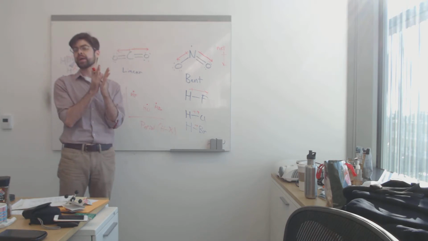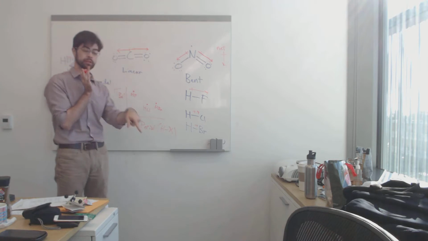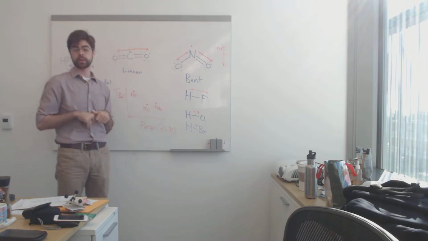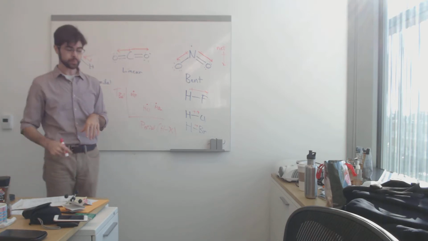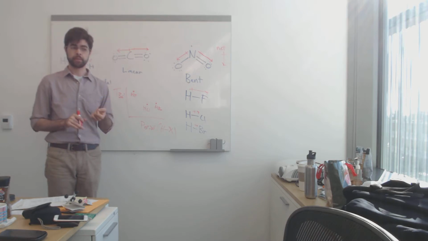So if it has a smaller dipole, you would expect it to have weaker intermolecular forces, and you would expect its boiling point to be lower. But in fact, it's actually just a little bit higher than hydrogen chloride. So that seems to go against our basic understanding of dipole-dipole interactions.